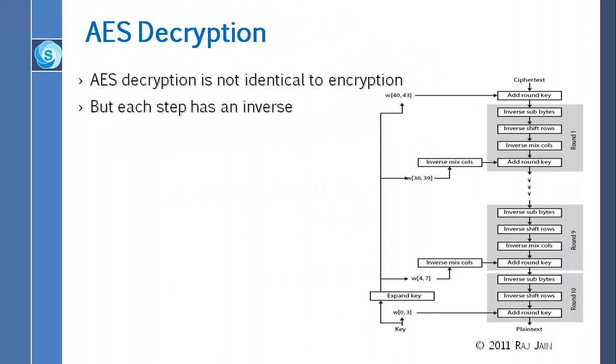So very good diffusion. Now decryption is not identical to encryption, so you do have to do it slightly differently. The keys start from here, and the last key is applied first, that is the reverse order. Then you do it as given here: add round key, inverse substitute byte. It's not the same thing as substitute bytes, so there is a table which is the inverse of the previous table.